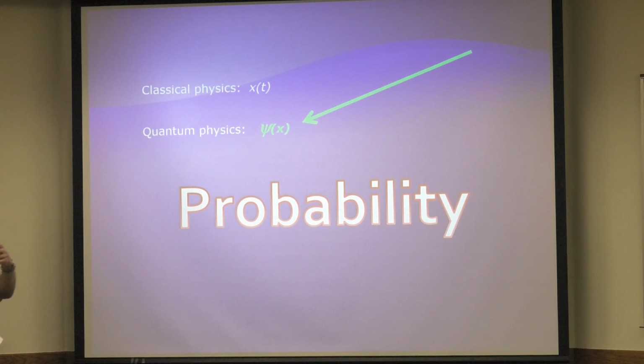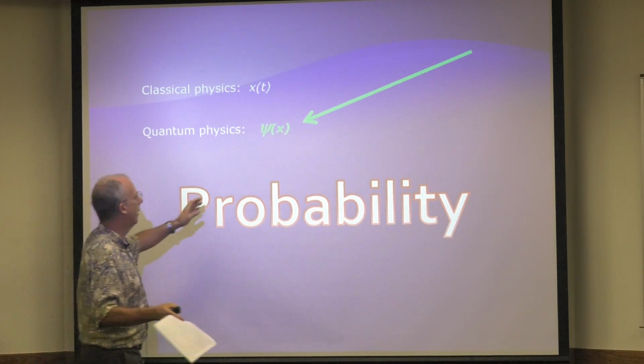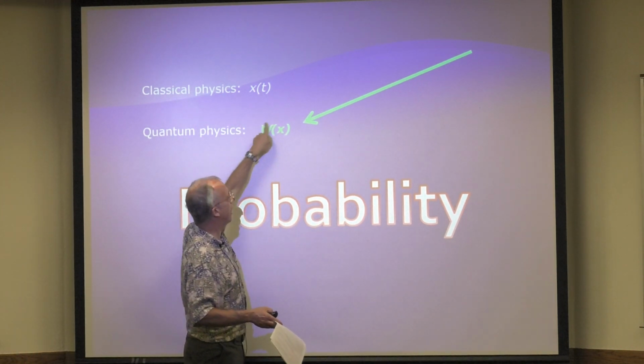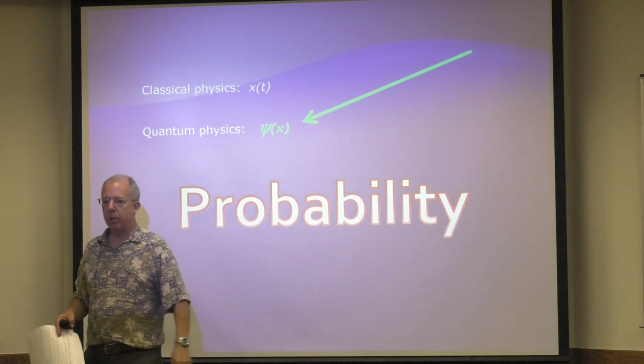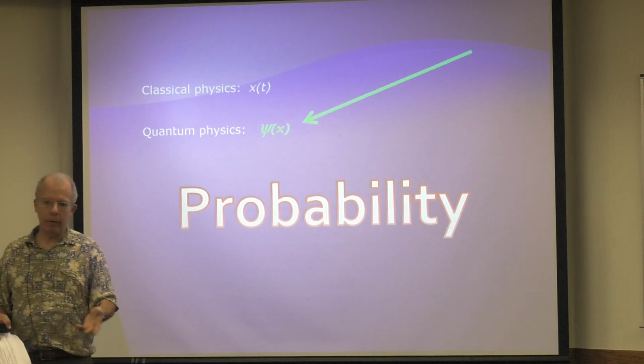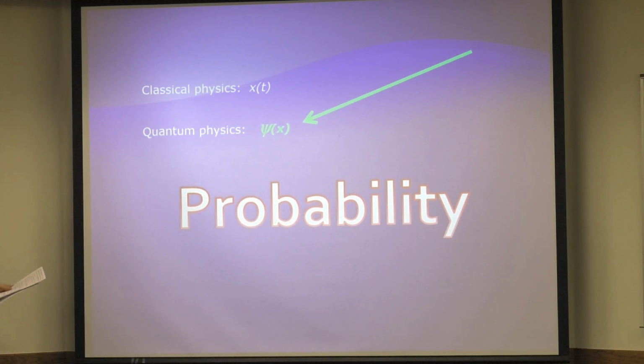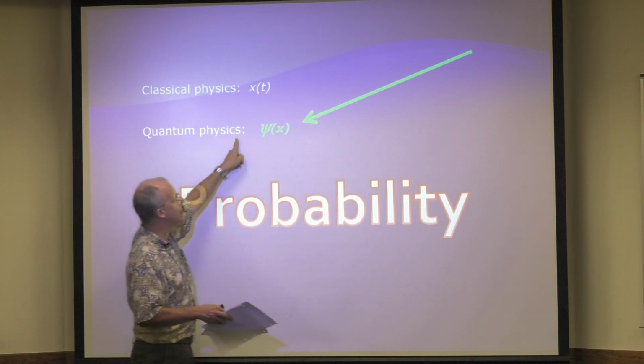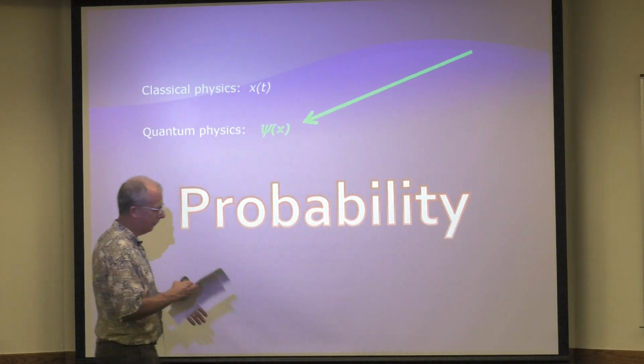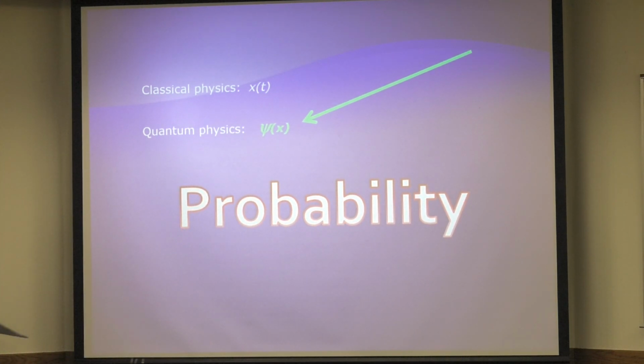You can figure out the kinetic energy, anything you want, but you first have to have the wave function. Next chapter we're going to learn how you get the wave function. Once you have it, you can get anything else you want. This is super important, which is why we have a whole chapter on it.